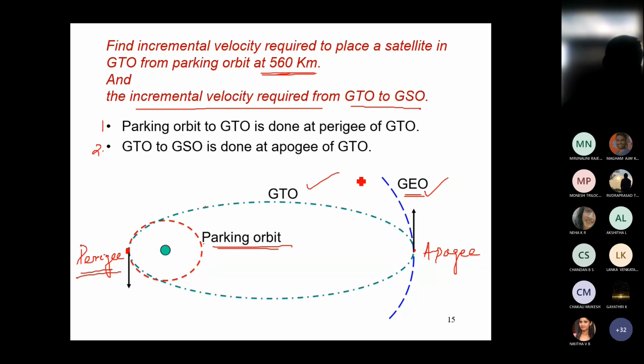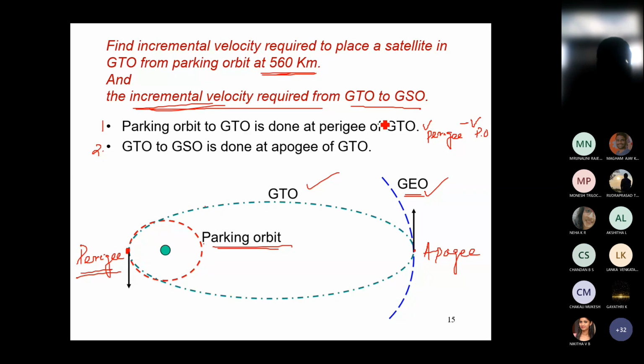So what do we have to do when we have to find the incremental velocity? First of all, from parking orbit to GTO orbit, we have to calculate the velocity at perigee minus the velocity at which the satellite is moving in parking orbit.